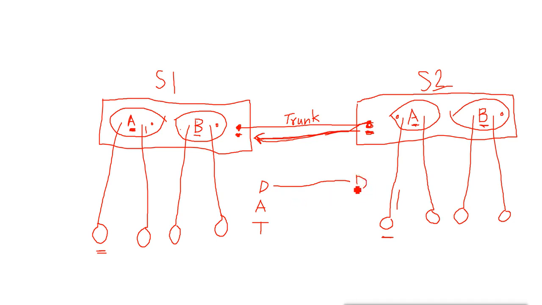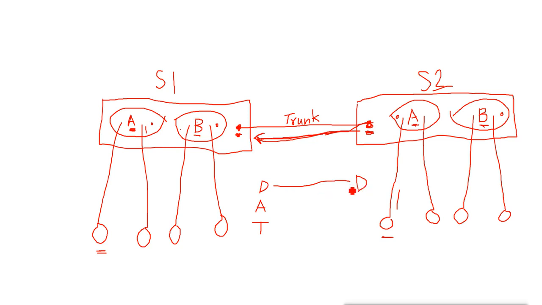Why? Because both are desirable, but neither requests to be trunk. This port will not send any request to the other side to make trunk, and this port will also not send any request. They are just desirable. If anyone says I want to do the trunk, then they will make trunk.